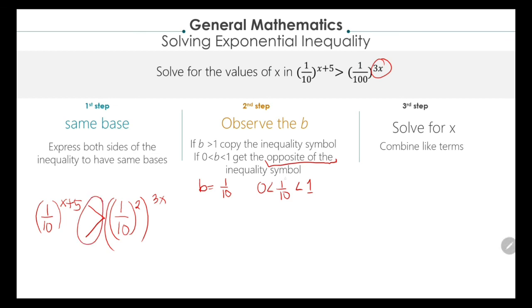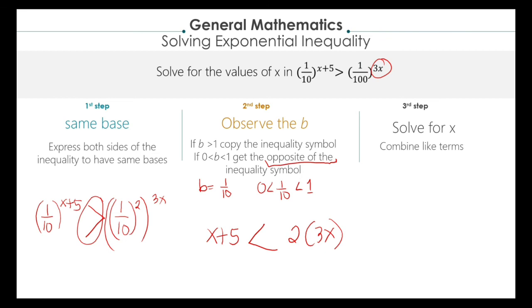So, since your base is between 0 and 1, it will become less than because you have to get the opposite of the inequality symbol. So, we have the exponents for the left and right sides of the inequality. We have x plus 5 and 2 multiplied by 3x. So, sa second step natin, we will have x plus 5 is less than 2 multiplied by 3x.